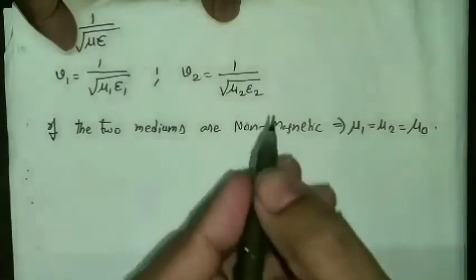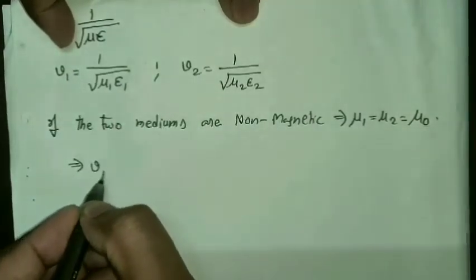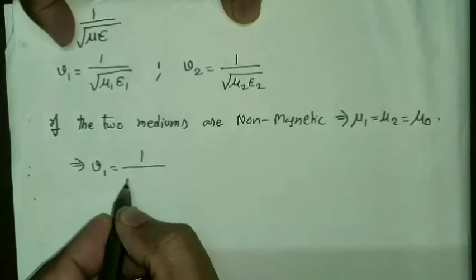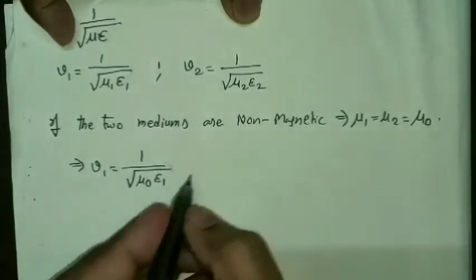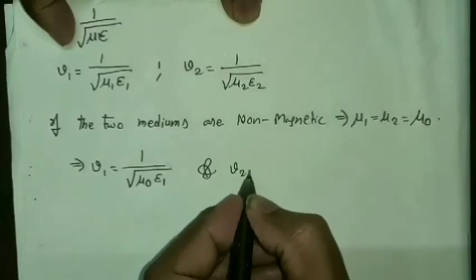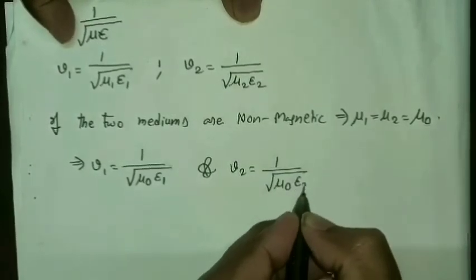Substituting these into the equation, v1 equals 1 by square root of mu naught into epsilon 1, and velocity v2 equals 1 by square root of mu naught into epsilon 2.